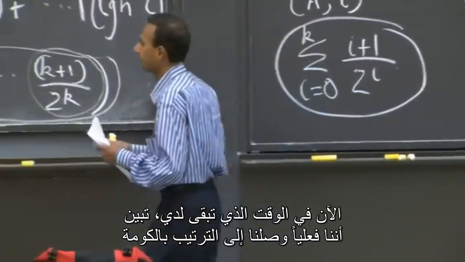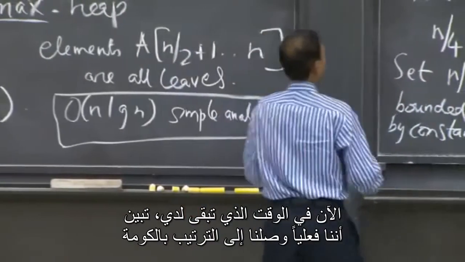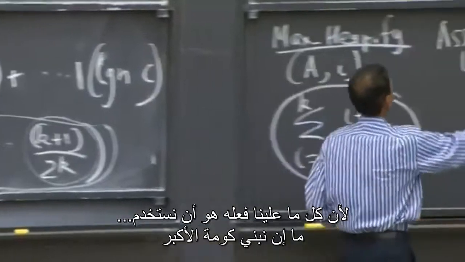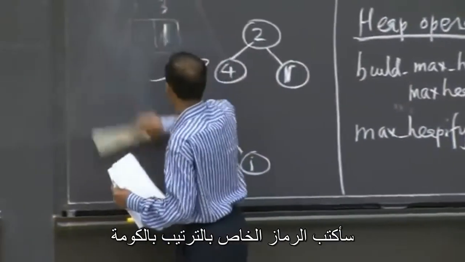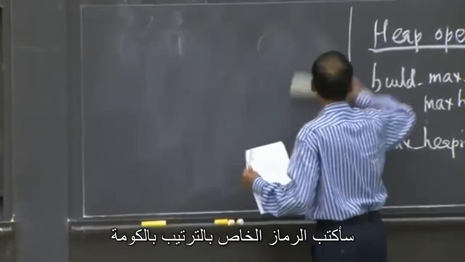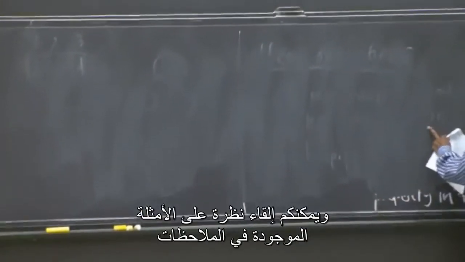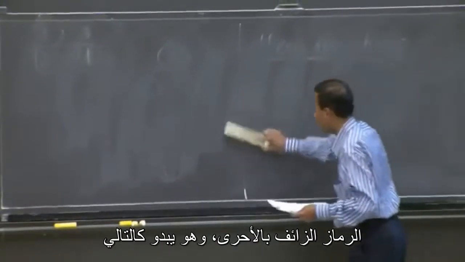Now, in the time that I have left, it turns out we're essentially all the way to heap sort, because all we have to do is, once we have build max heap, I'll just write out the code for heap sort, and you can take a look at examples in the notes, the pseudocode, I should say, for heap sort.